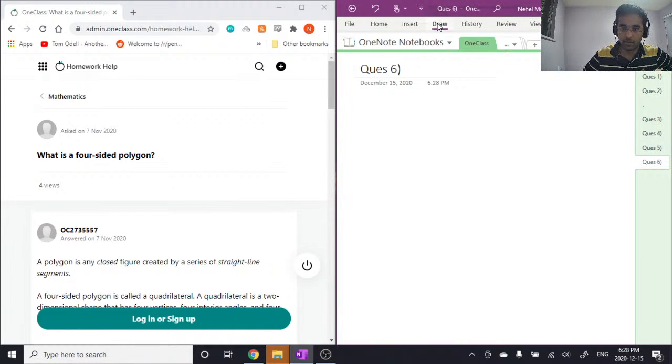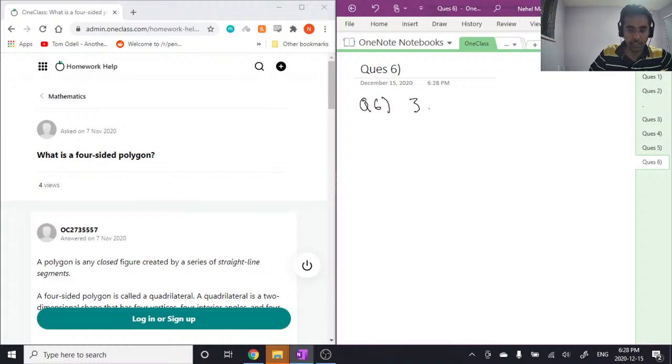Okay, question number 6. What is a four-sided polygon? A polygon in general is any shape which is created by connecting 3 or more straight lines. The simplest polygon which we can have is actually a triangle.